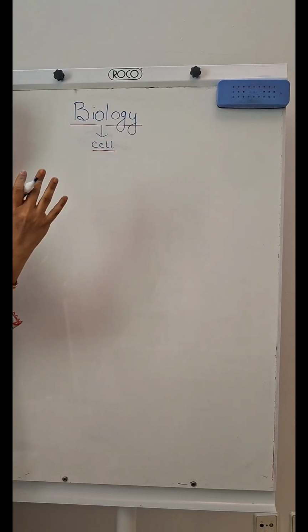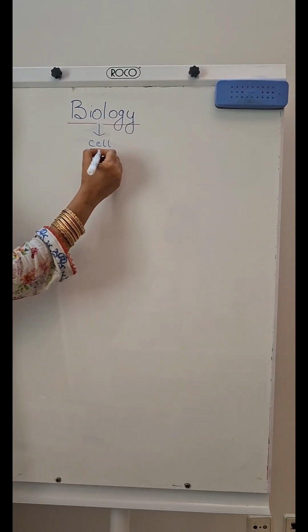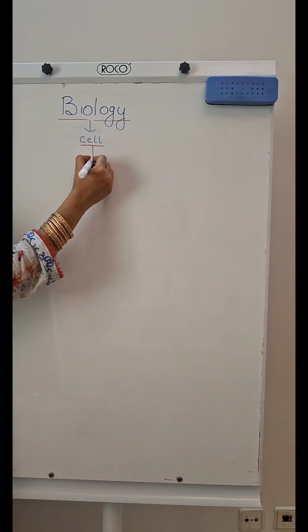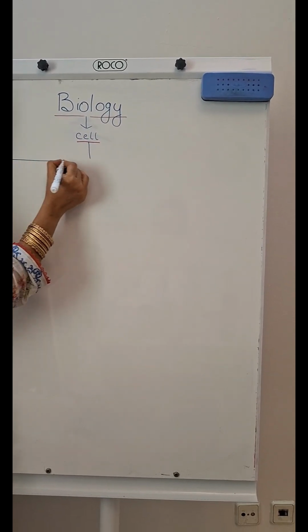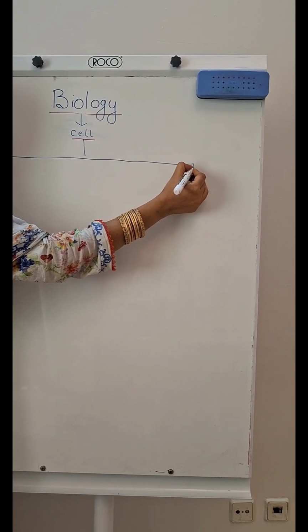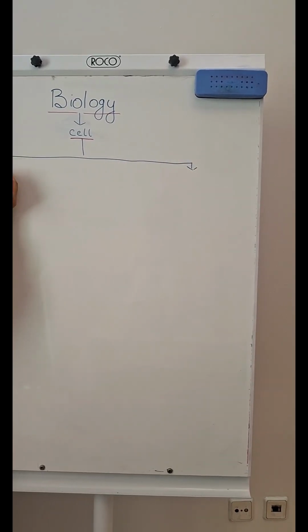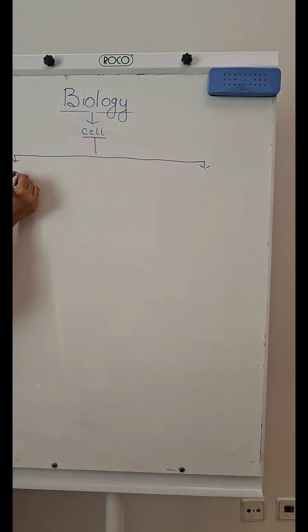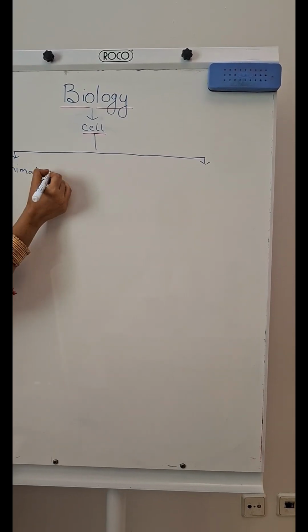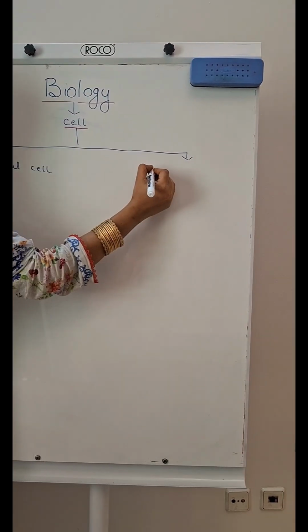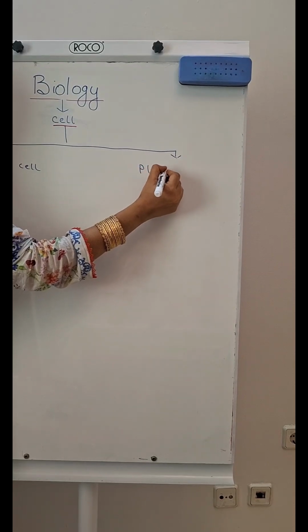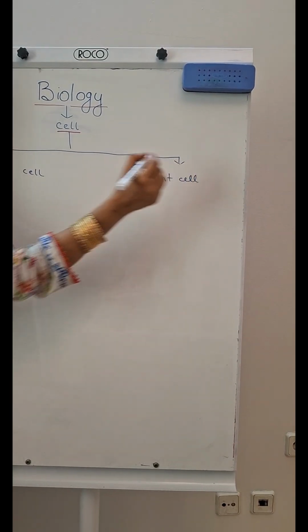There are many different types of cells, but in my class today we will focus mainly on two types of cell. One is the animal cell and the other is the plant cell.